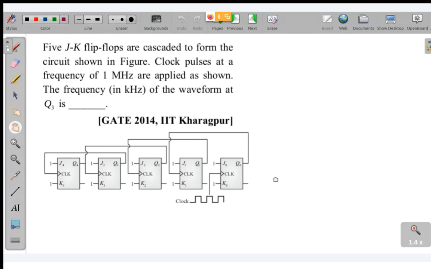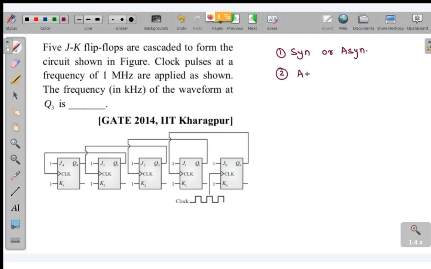They only make the question a little bit complex for you guys to see. First, tell me whether this is a synchronous counter or asynchronous.